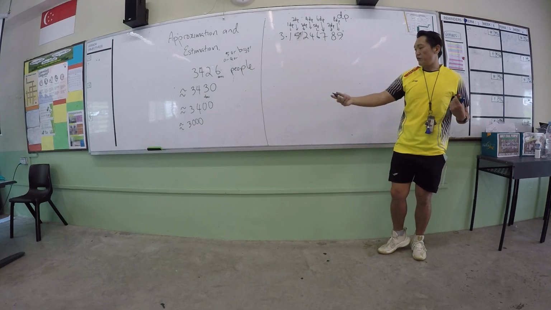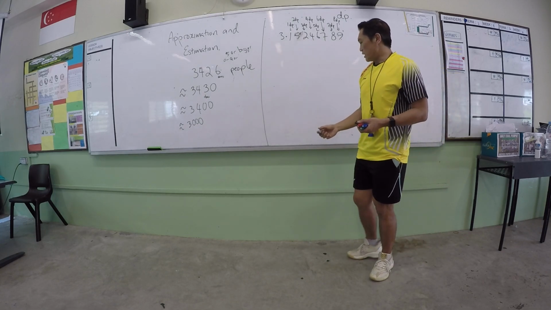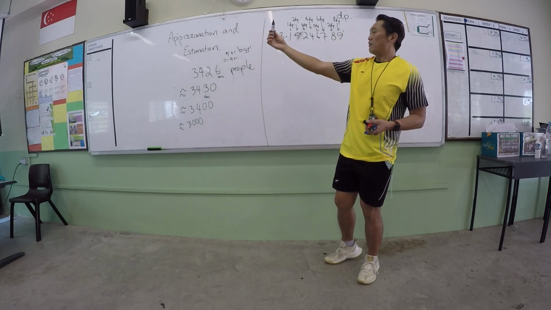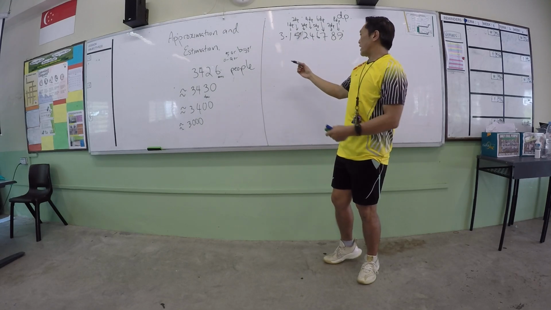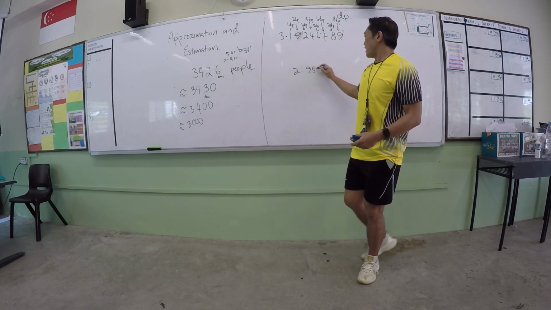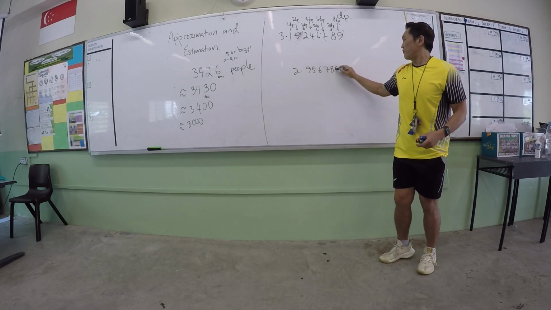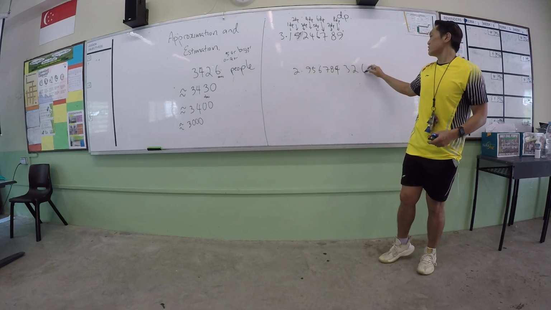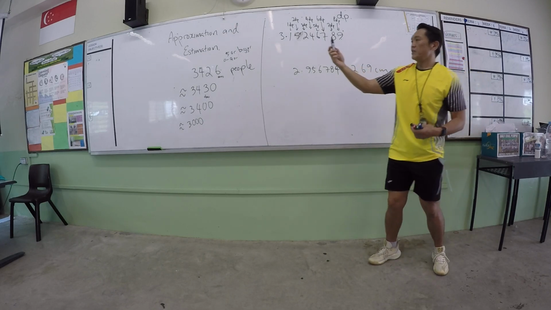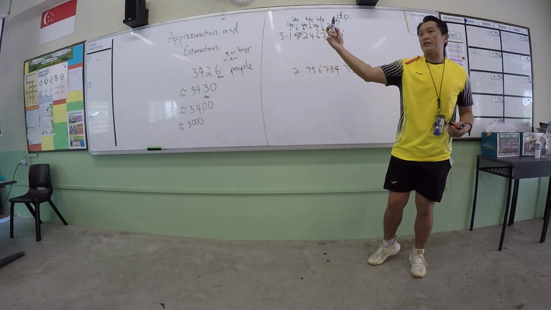Let's say I'm measuring the thickness of this marker. If I go and measure very exact, it may be around 2.956784326 centimeters.